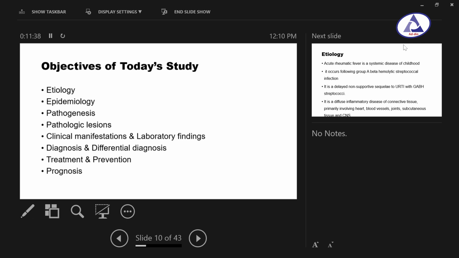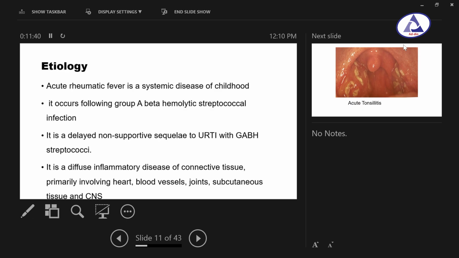Now what may be the etiology of this? Acute rheumatic fever is a systemic disease of childhood.